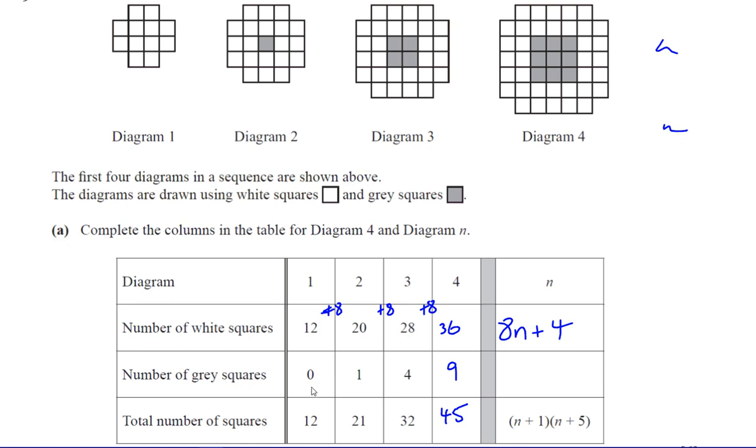So we can see the first term is 0 squared. The second term is 1 squared. The third term is 2 squared. The fourth term is 9, which is 3 squared. Let me just continue so we can get the idea. The fifth term is going to be 4 squared, 16.